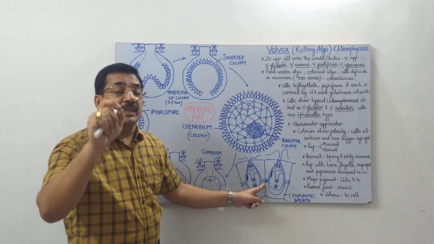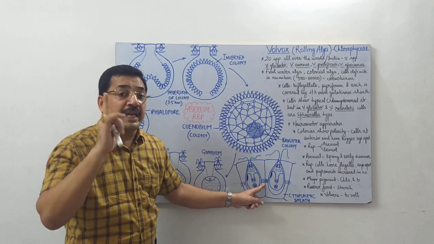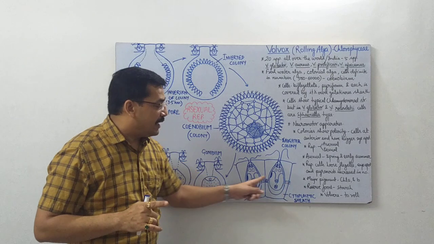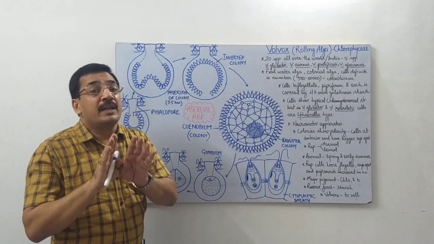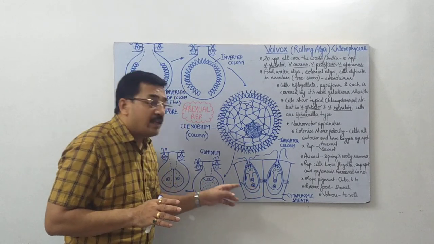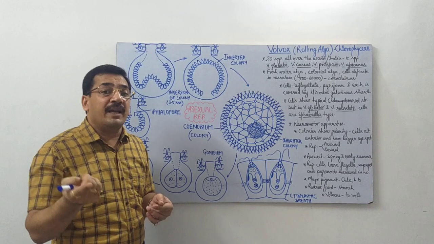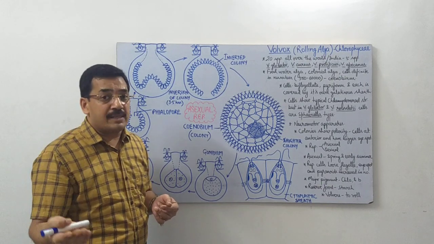But there is a species, that is Volvox mononi, in which cytoplasmic connections are altogether absent. Chlamydomonad structure means the cells look like another alga, Chlamydomonas.